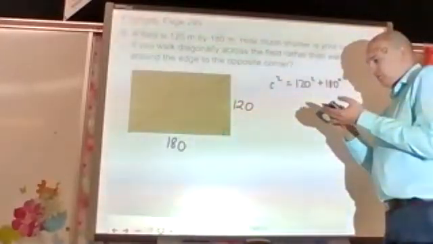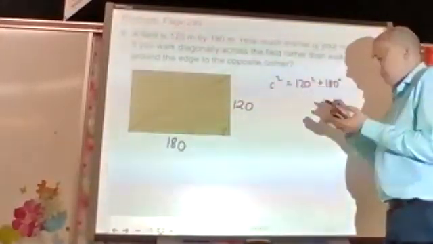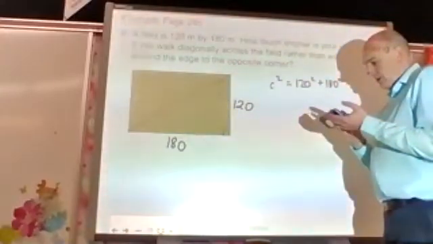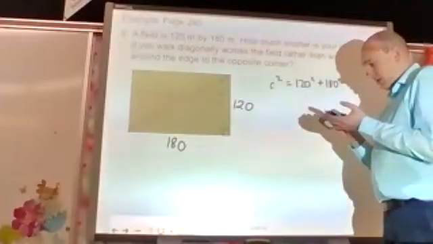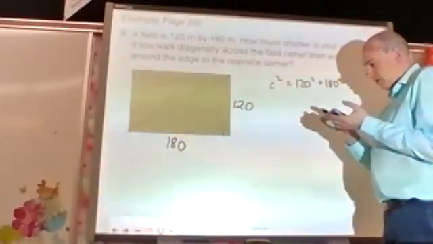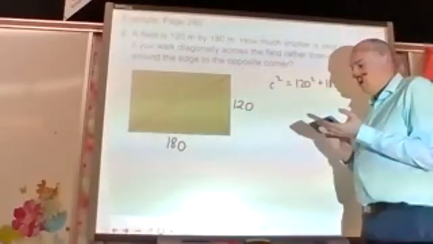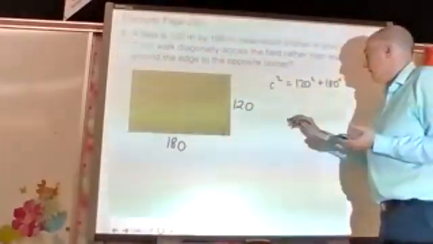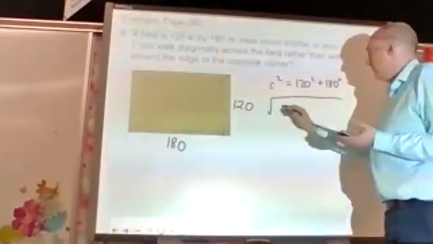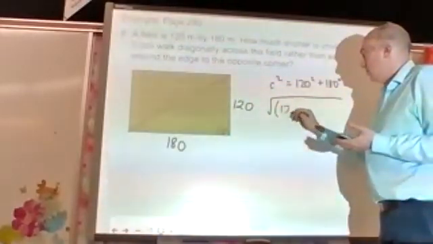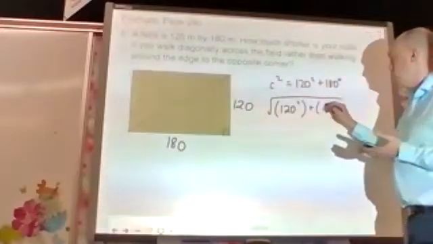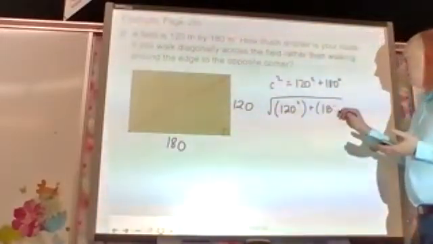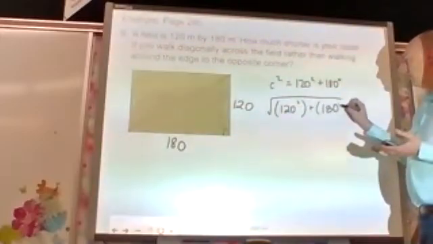Square root of 120 squared plus 180 squared. Close my brackets. And so all of that will have to be in brackets. So you want to do square root of brackets 120 squared plus 180 squared.